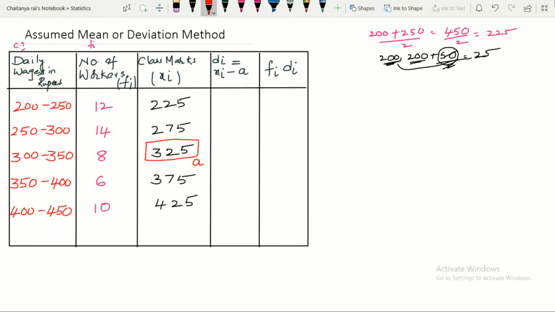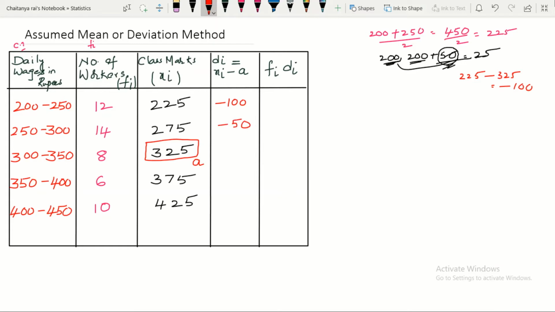So 225 minus 325. You see here 225 is a small number and 325 is a big number, so we get a negative symbol. Here it is negative 100. Similarly, if we subtract these two, we'll get negative 50.